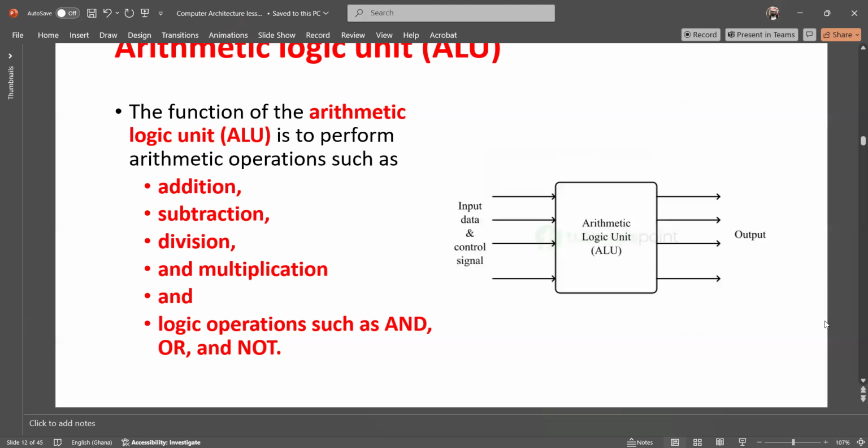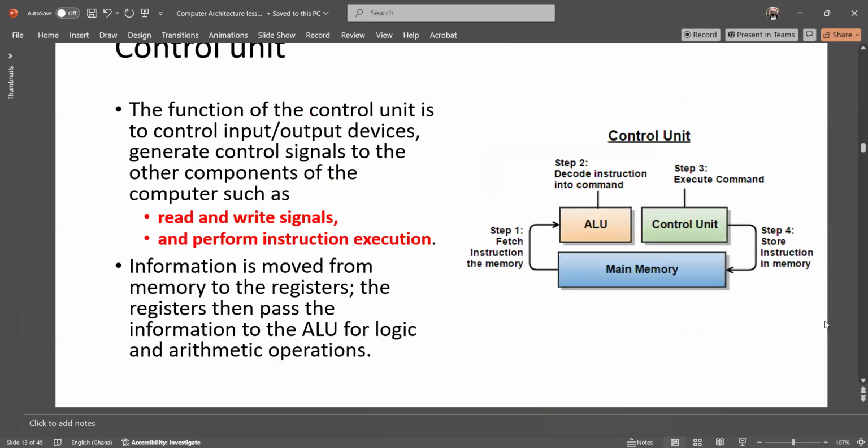All of those decisions are processed in the arithmetic logic unit. If you have some things to add, what is in location 1 to location 2, subtract this from that, multiply this to this, divide this from that, all of those things are controlled by the arithmetic logic unit.